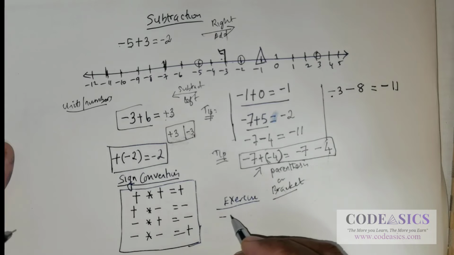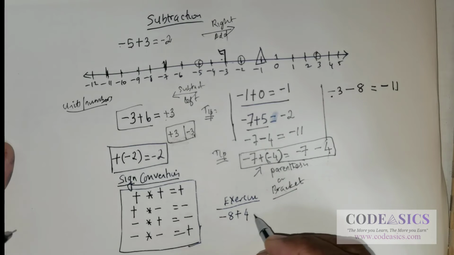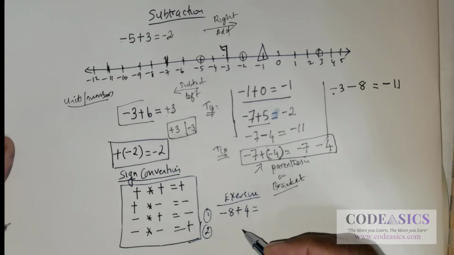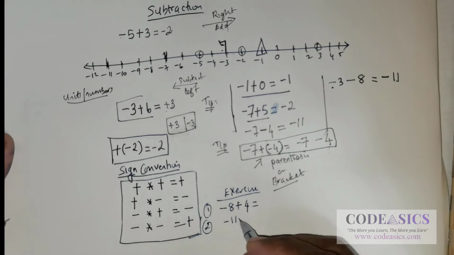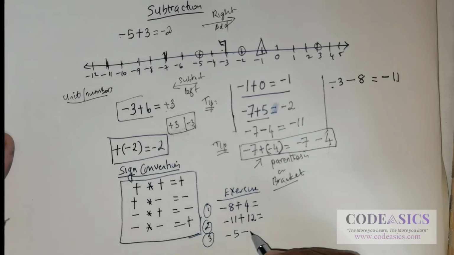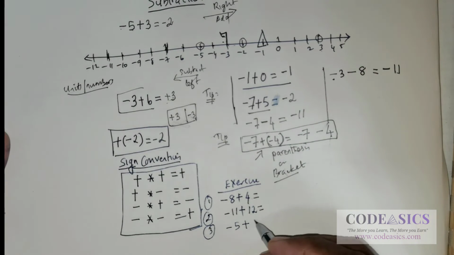I want you to add negative 8 plus 4. You have to give me the solution for this. You can use the number line to get the answer. Question 2, negative 11 with negative 12. Question 3, negative 5 with positive 4.